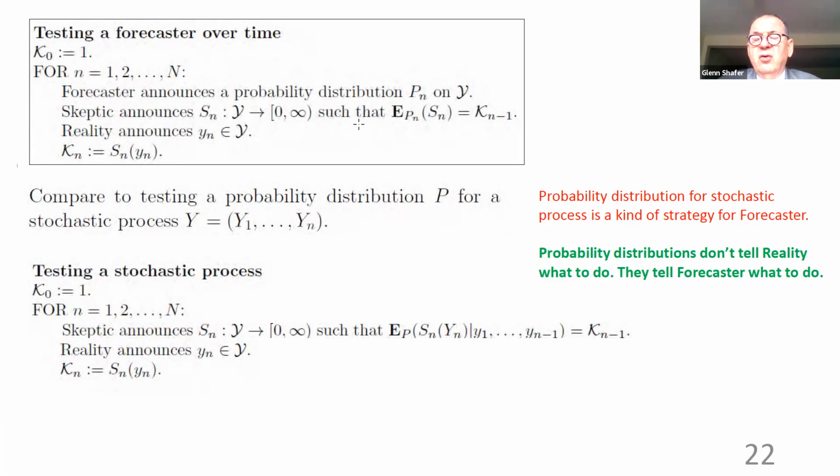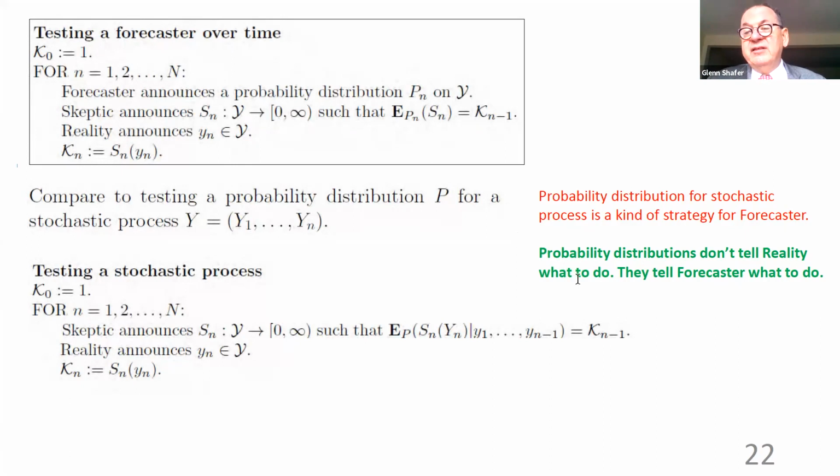So once again, we have a psychological difference in the way we're thinking about it. Often people think probability distributions are telling reality what to do, or telling nature what to do. Nature chooses according to the probability distribution. That's the way I think we're all taught, or we get the idea from somewhere. That's in our culture now.